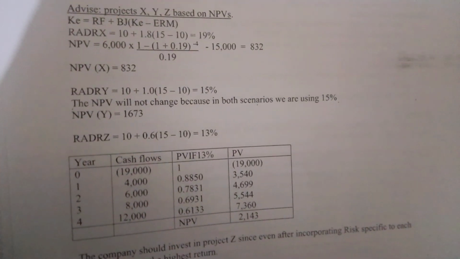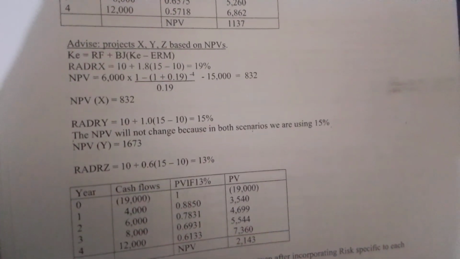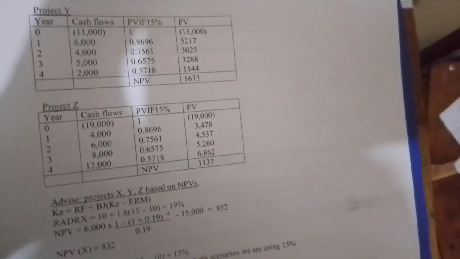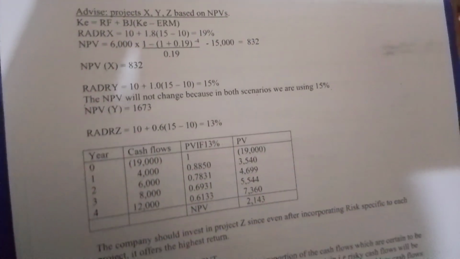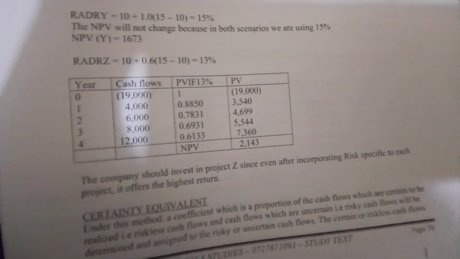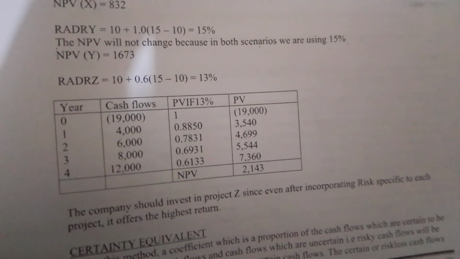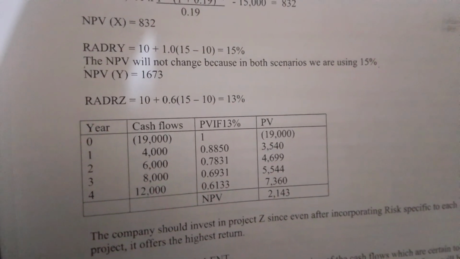So CAPM is very important as far as this particular area is concerned. So we should stop at that. I think it is well covered. Everything has been done quite well.